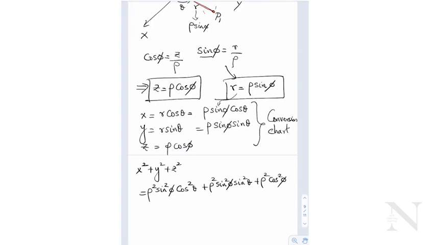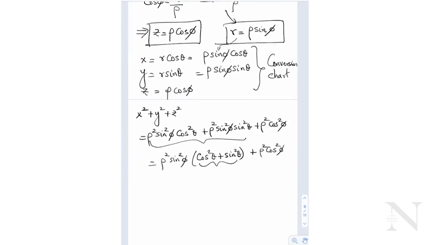If you combine the first two terms, that's going to give you rho square sine square phi times cosine square theta plus sine square theta. Now this, hopefully all of you know, is equal to 1. So we have rho square sine square phi plus rho square cosine square phi.